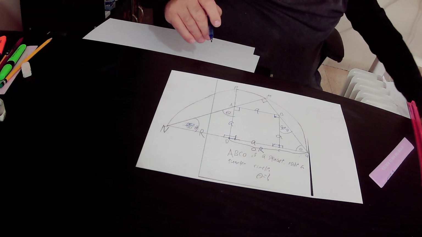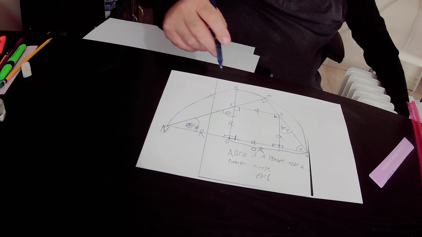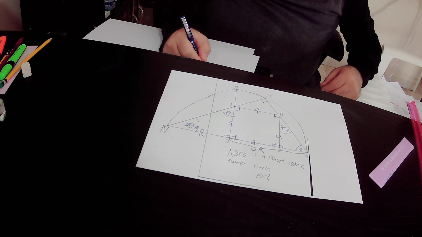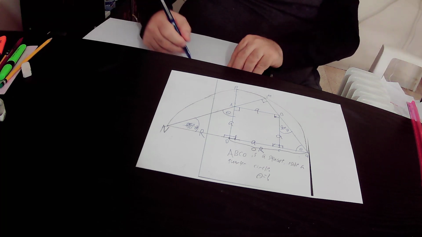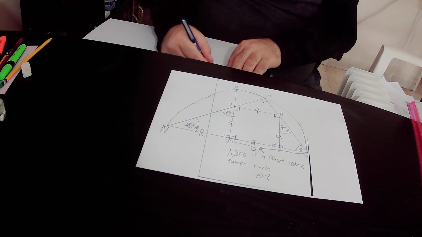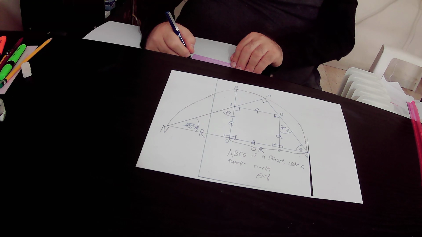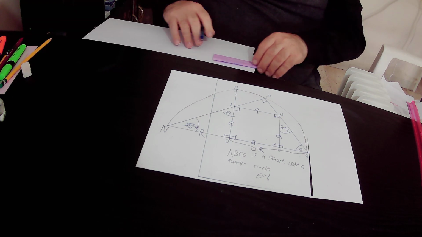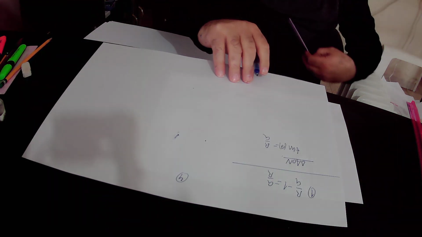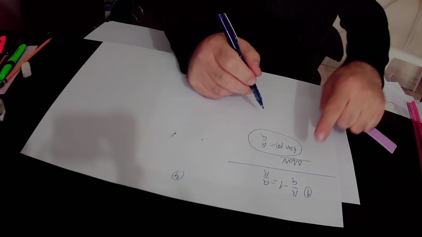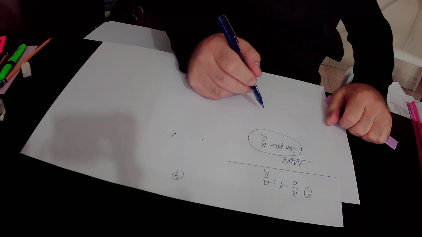We will focus on the right triangle AON. In the right triangle AON, we know that tangent theta is equal to R over A. So we can substitute R over A in equation number 1 by tangent theta.